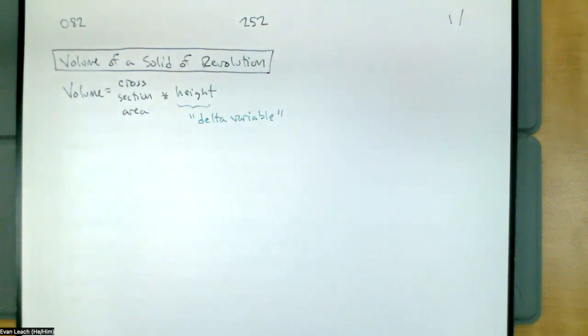It is perpendicular to the area. We have to write the area in terms of the delta variable.